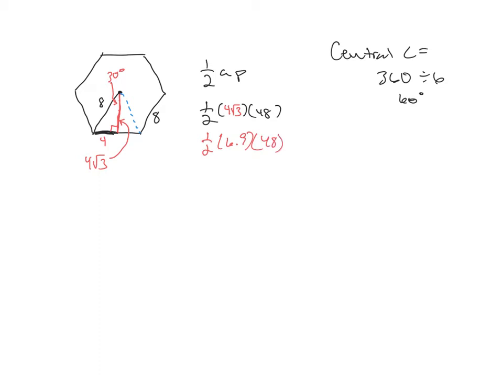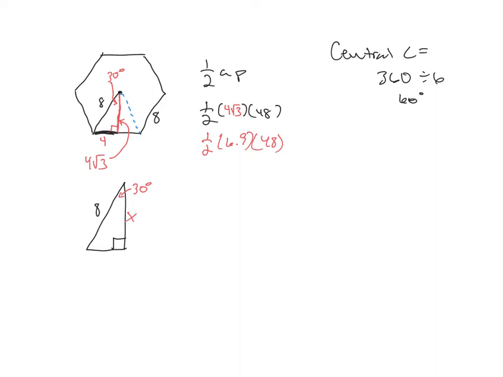Okay, so that's one option if you remember special right triangles. So really it's this triangle right here that we're concerned about. I pulled it out to make it a little bit bigger. I initially figured out that we had 30 degrees here, and we were really after that value for the apothem. So let's say you didn't remember anything about special right triangles.